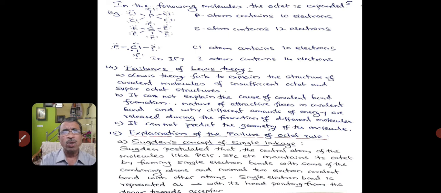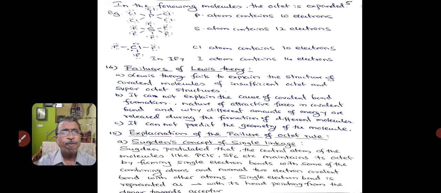In another molecule like iodine heptafluoride, IF7, the iodine atom contains 14 electrons. So all such things make the Lewis theory have some drawbacks. So let us know what are the failures of the Lewis theory.